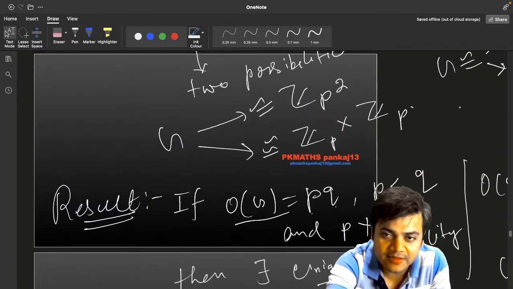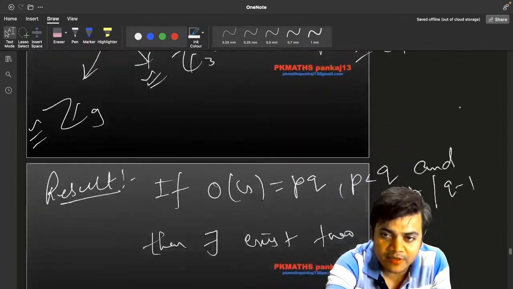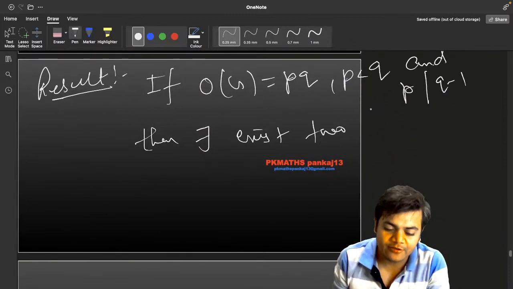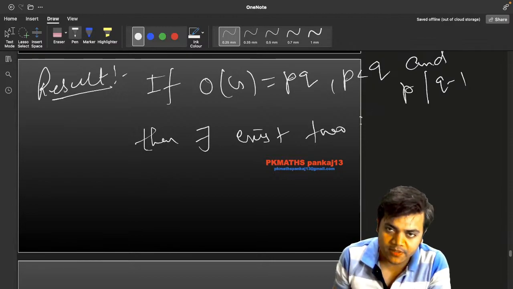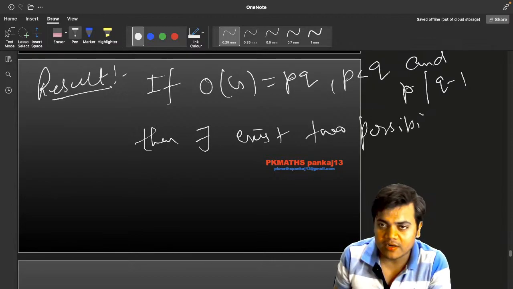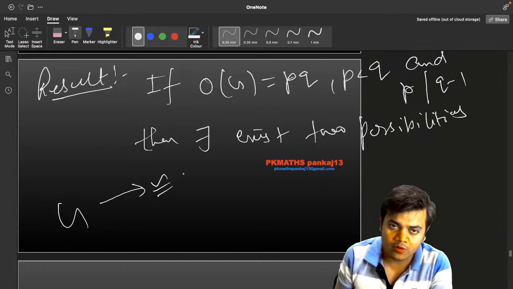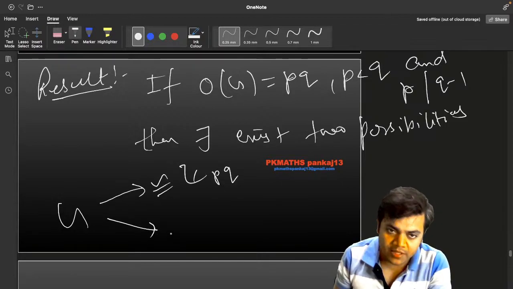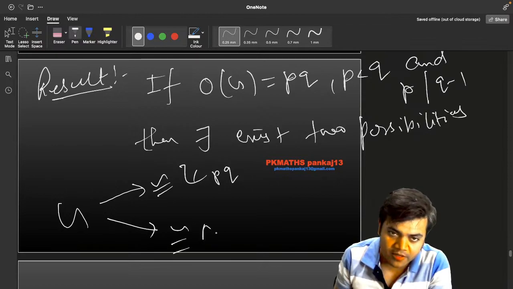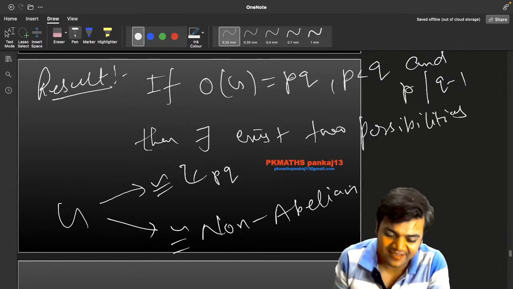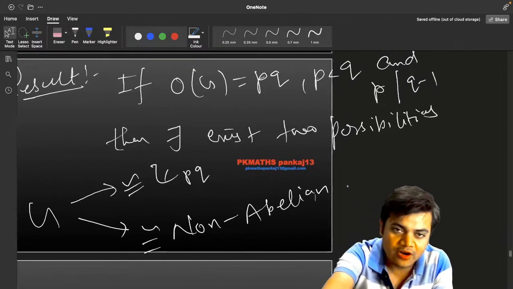Before this you had seen this result. But if p is going to divide q minus 1, then there are two possibilities. And what are those? We can see it easily. Certainly your G will be either isomorphic to the group Zpq, or your G will be isomorphic to a non-abelian group. And on this result, a CSIR NET question was asked.